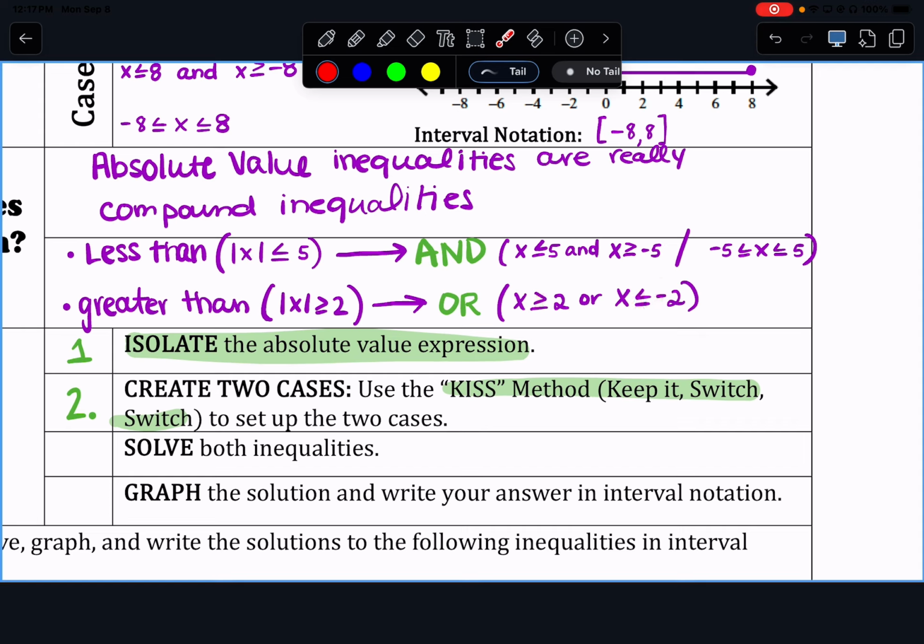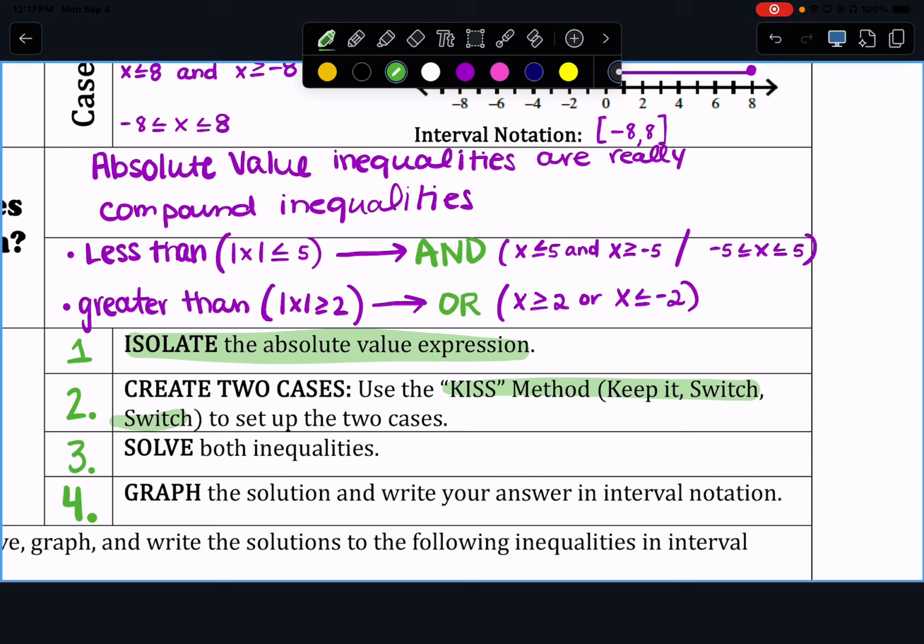You have to remember that less than gives you an and, greater than gives you an or. You will always keep everything the same, switch the inequality, switch the sign. Then you just solve both of your inequalities, and then you will graph and write your solutions in interval notation.